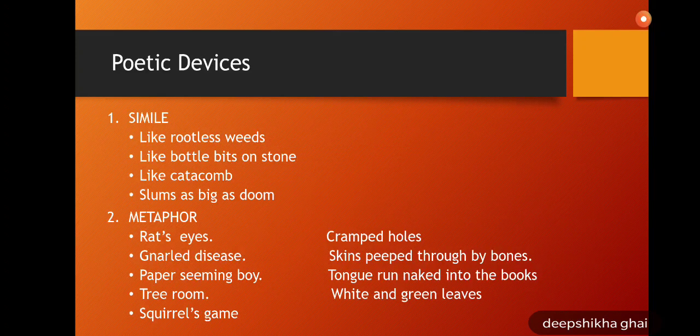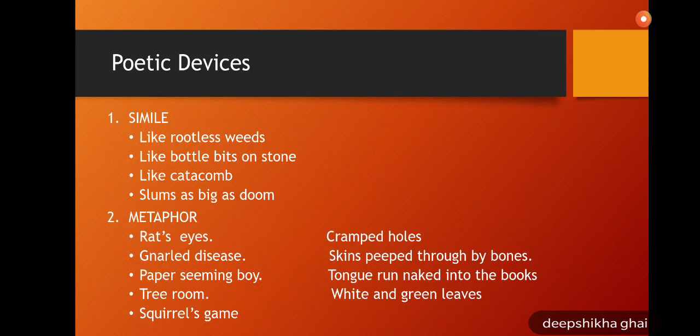Let's talk about the poetic devices. The poem has a varied amount of poetic devices. At large, the poet has used comparisons using simile and metaphor. Simile: like rootless weeds, like wattle bits on stone, like catacomb, slums as big as doom.